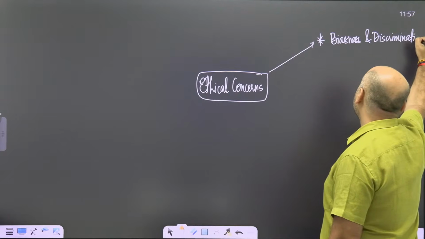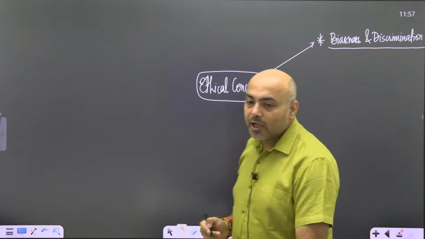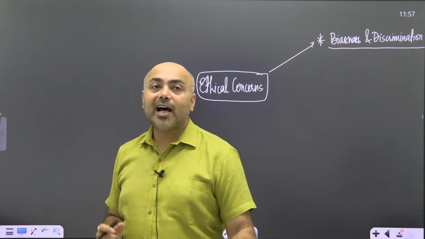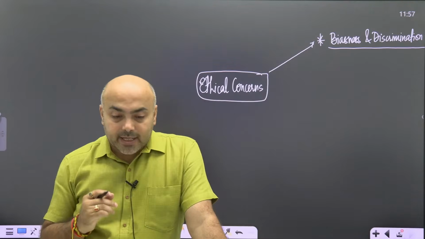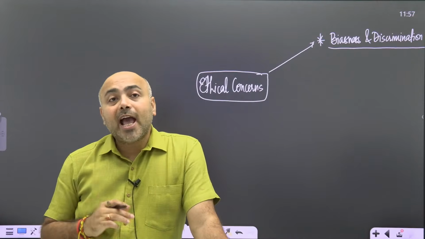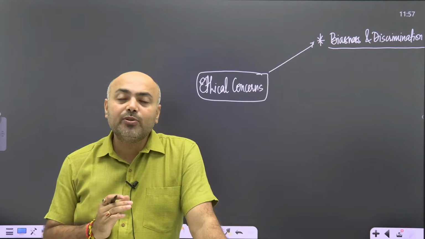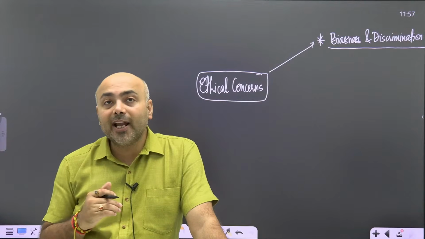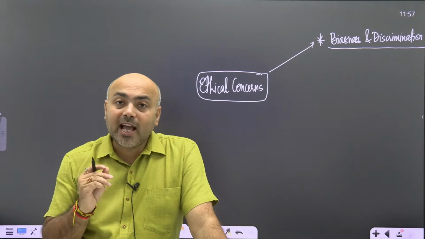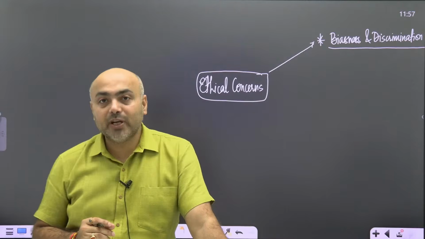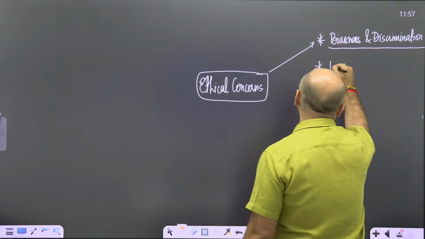Now, how is artificial intelligence? What is the problem here? You must have read about the fact that artificial intelligence primarily uses historical data, and because it uses historical data, there is always a possibility that the outcomes recommended could still have biasness there.